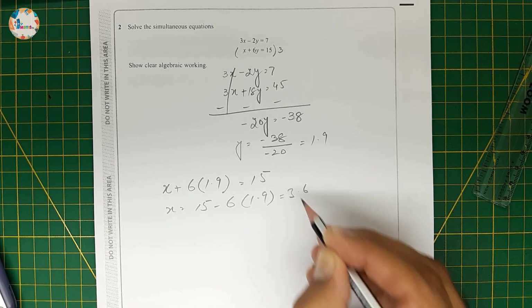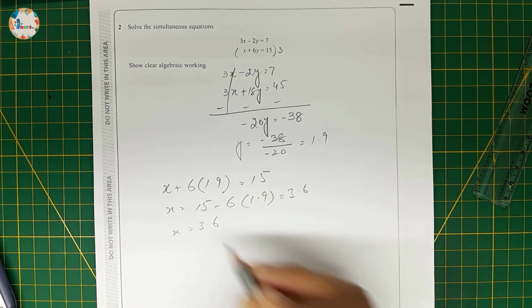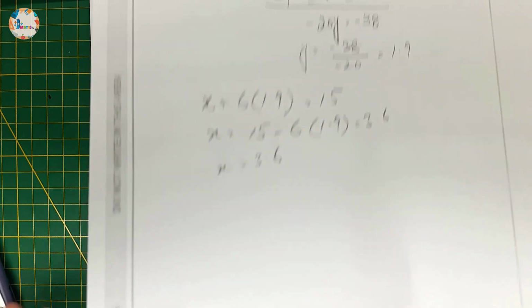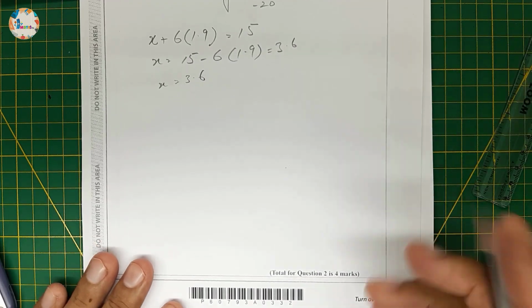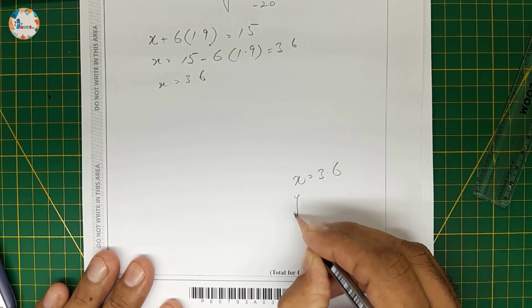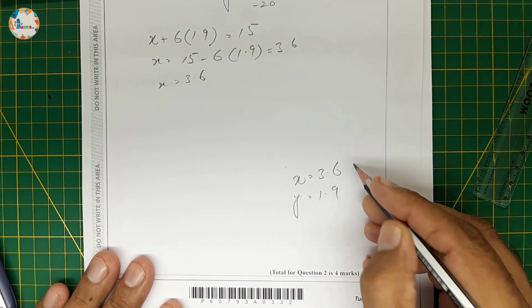So the x value is equal to 3.6. We got the answer, and we can write x is equal to 3.6 and y is equal to 1.9.